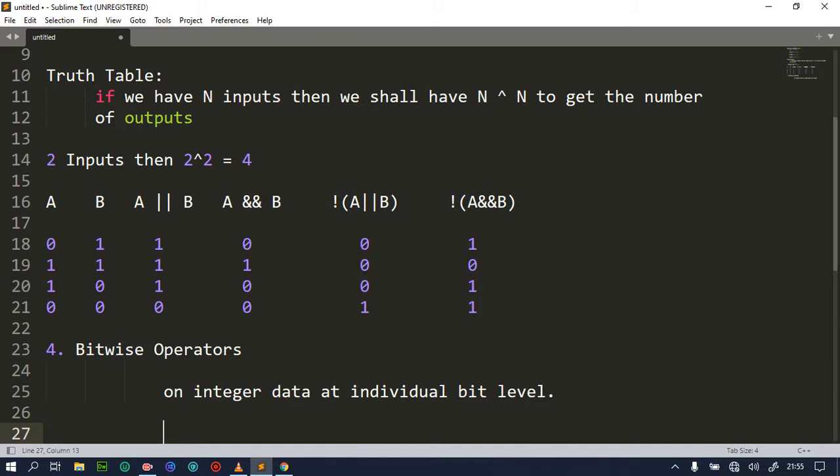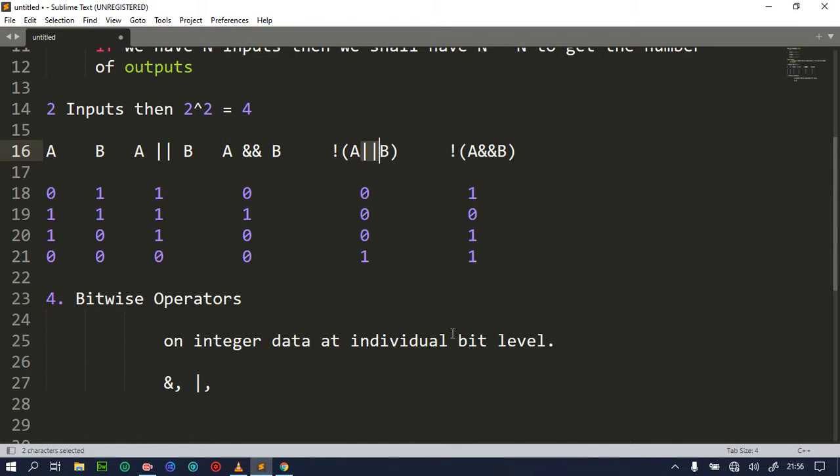Among them we have the bitwise AND and the bitwise OR. Notice the differences. When we are using AND in the logic operators, we use 2 ampersands, like you note up here. But if it's bitwise, then we are using a single one. When we are using OR under bitwise, we are using a single pipe symbol.